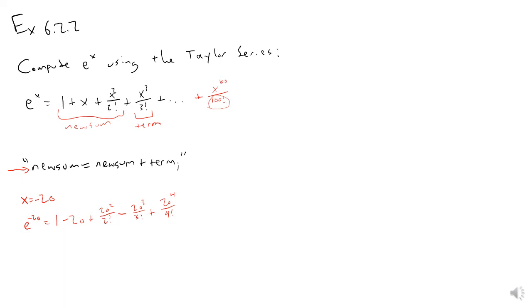Let's look real quick at the relative condition number for e to the x when x is negative 20. I'll just do a little scratch work on the side. My relative condition number, kappa of x, is the absolute value of x times f prime over f.